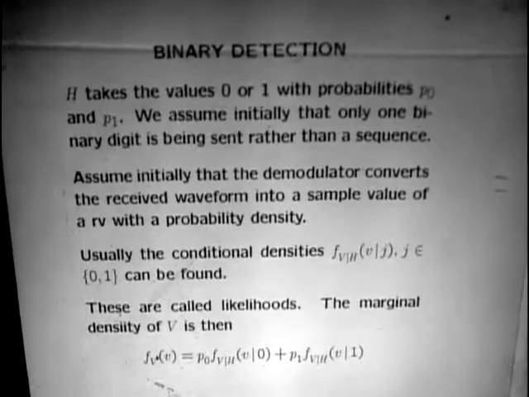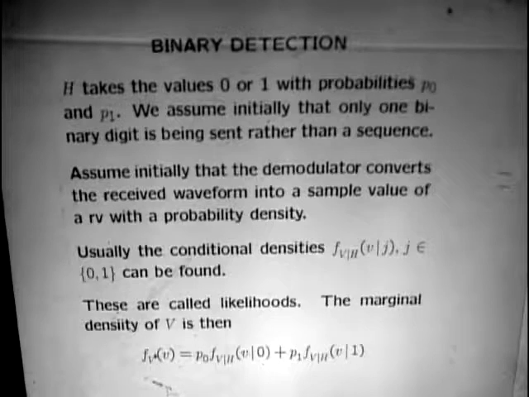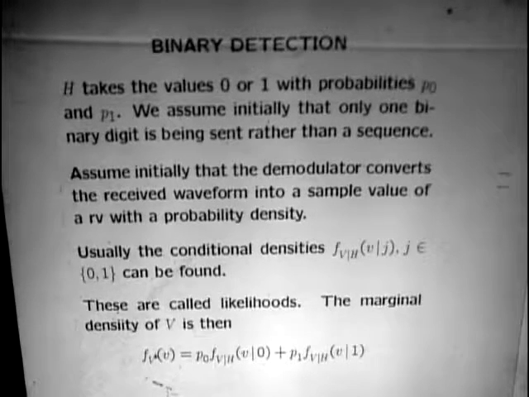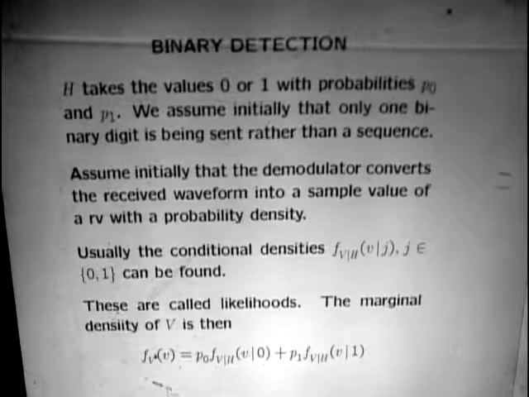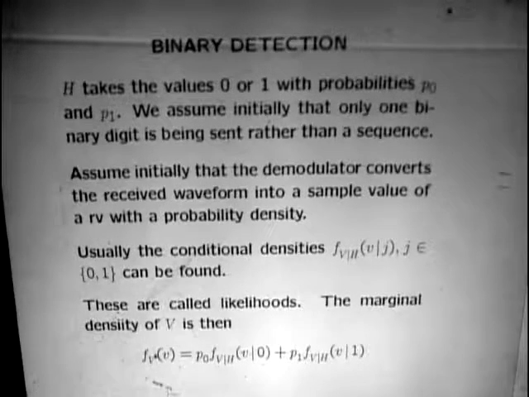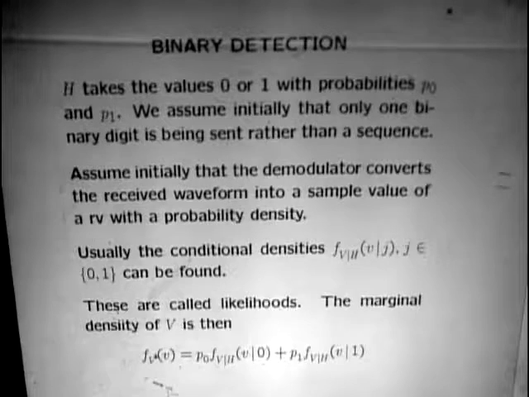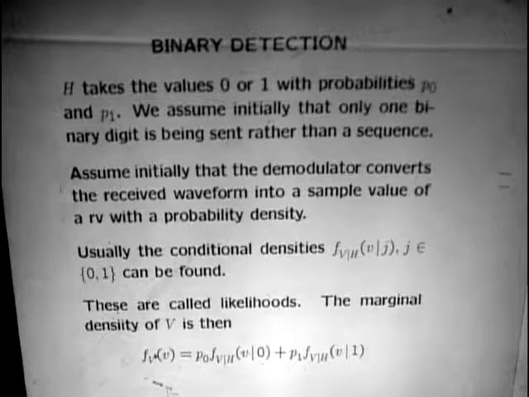In other words, these are the probabilities that the hypothesis takes the value 0 or 1 before seeing any observation. And the probabilities after you see the observation are called a posteriori probabilities. Up until about 1950, statisticians used to argue terribly about whether it was valid to assume a priori probabilities.